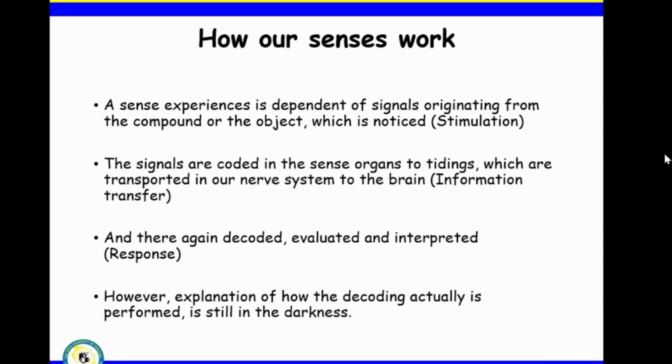However, the explanation of how the decoding is actually performed in the body is still in the dark. We don't really know what is happening in the mechanism in our body, but we understand that we need to be stimulated, and the information needs to be transferred to the brain, and then the brain can interpret that information.